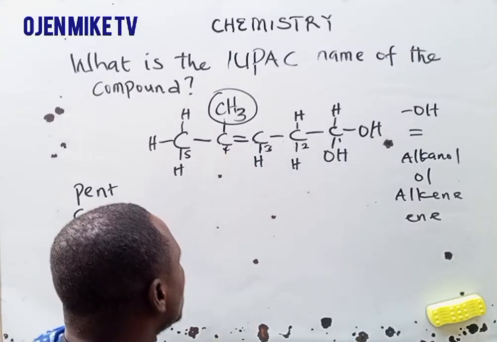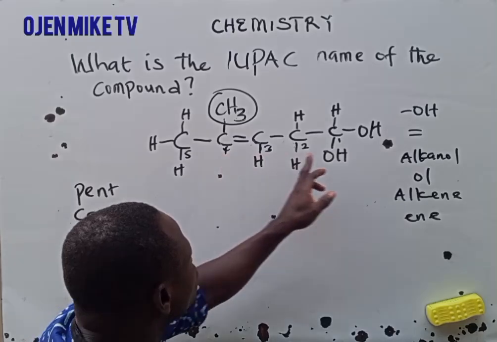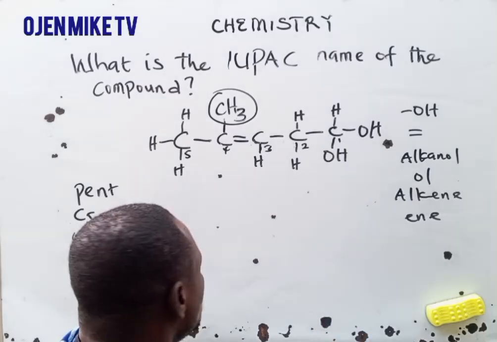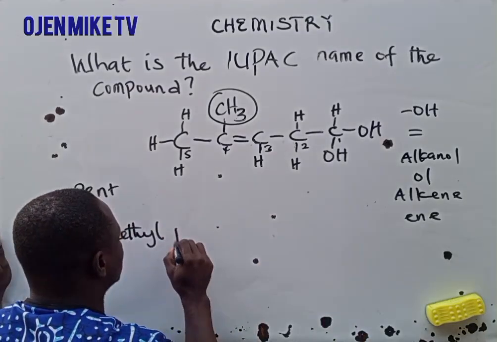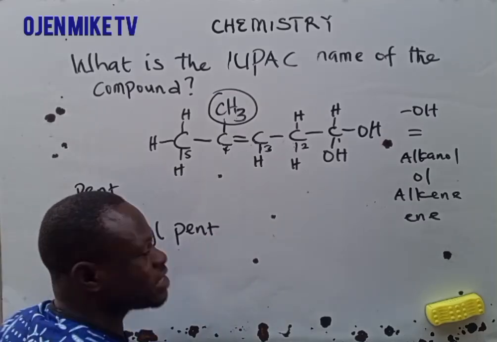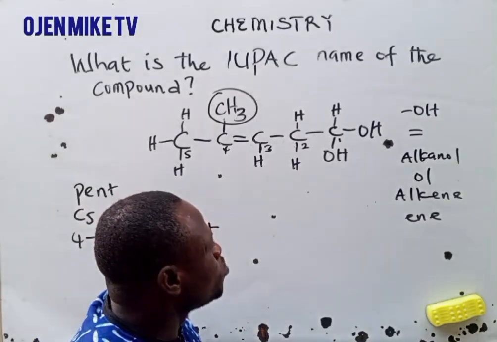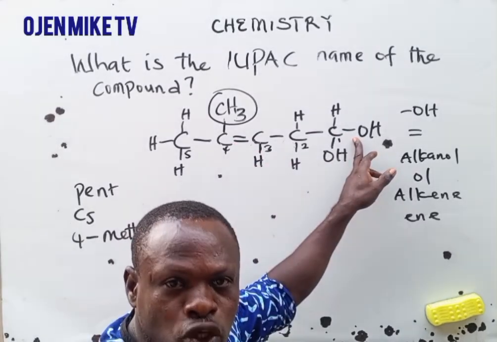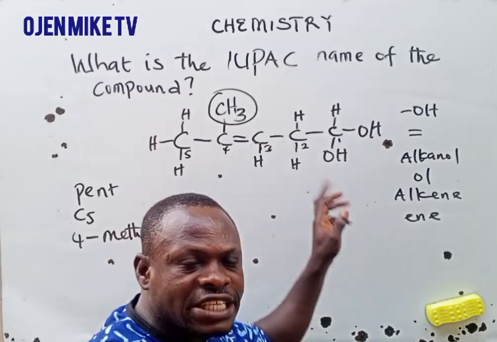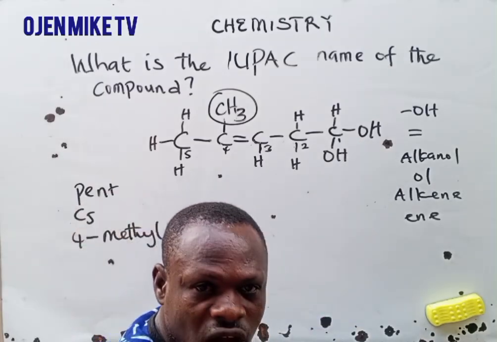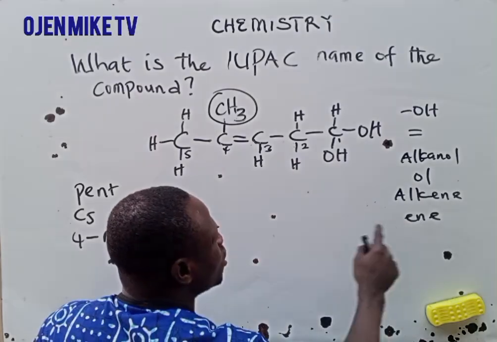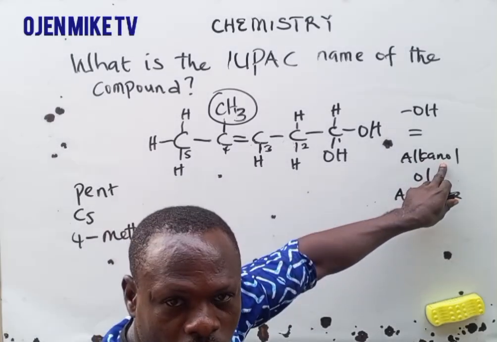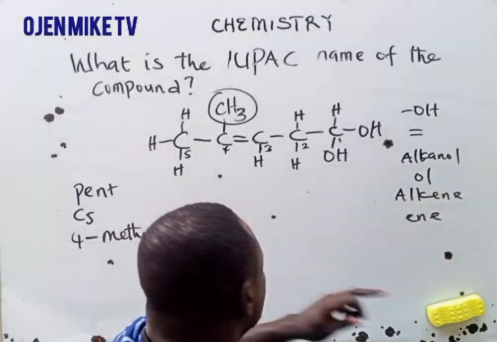Are you following? The next thing we are going to look at is which other things are attached to this chain. No other thing. So we say the chain is pent. Now I told you that between the double bond and the OH group, the one that is higher is the one that will come last. So the double bond will come before the alkanol, which is the ol.